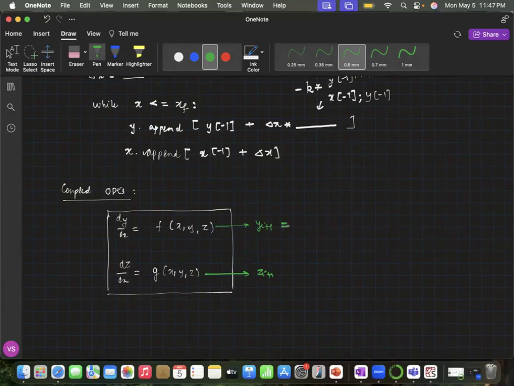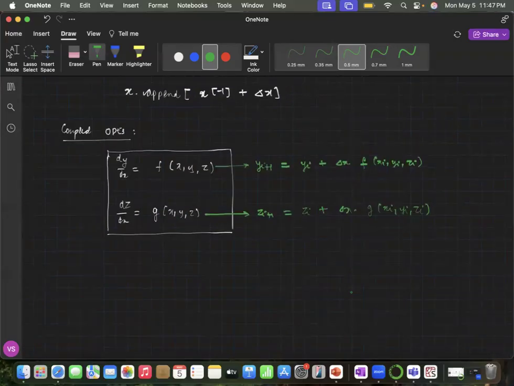So you can write yi plus 1 is equal to yi plus delta x times f of xi, yi, zi, and similarly zi plus 1 can be written as zi plus delta x times g of xi, yi, zi, right?